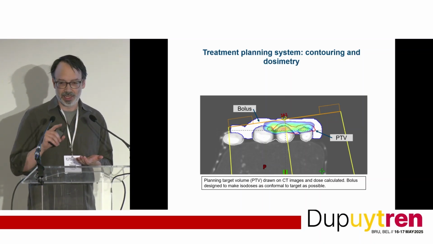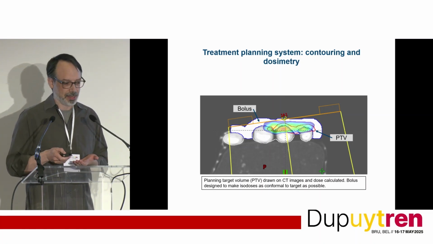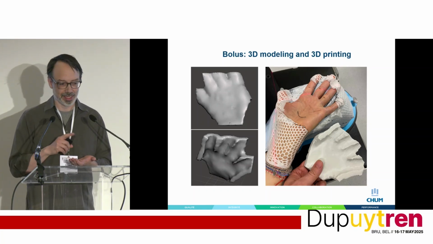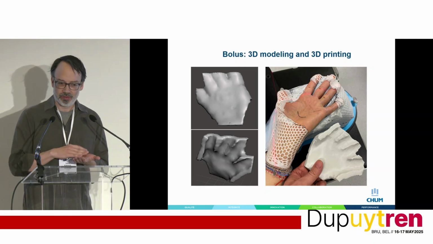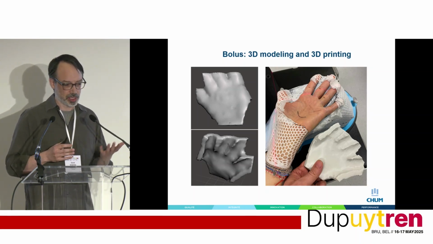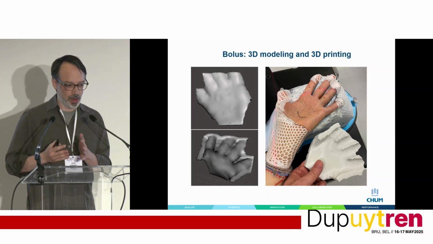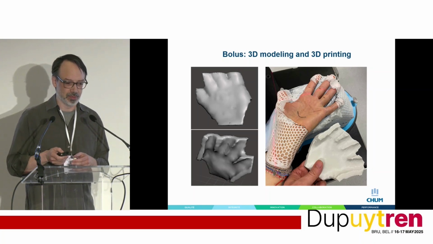The thickness of this compensator is designed. It takes a few hours to print, so usually overnight it prints, and then it not only gives you the depth profile at dose, but also when the patient comes every day, you have a pretty good idea they're setting up their hand the same way because it fits within that mold.